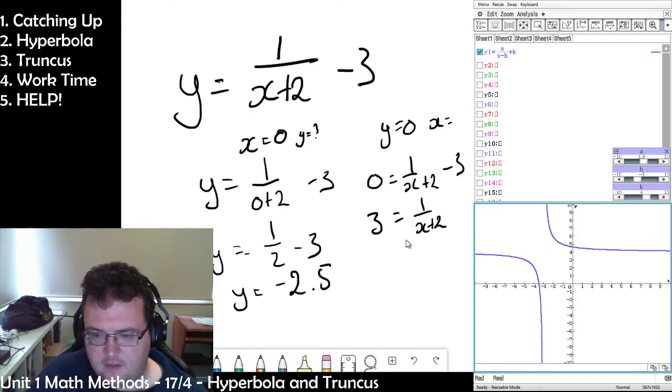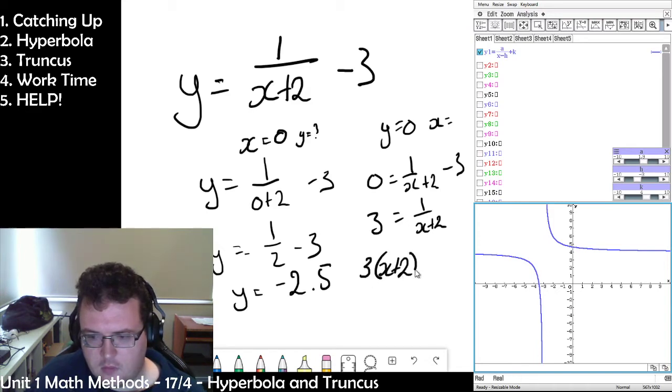Which means that we can then multiply both sides by x plus 2. We get that, 3x plus 6 equals 1. Again, and then solve. So subtract 6 from both sides. 3x equals minus 5.